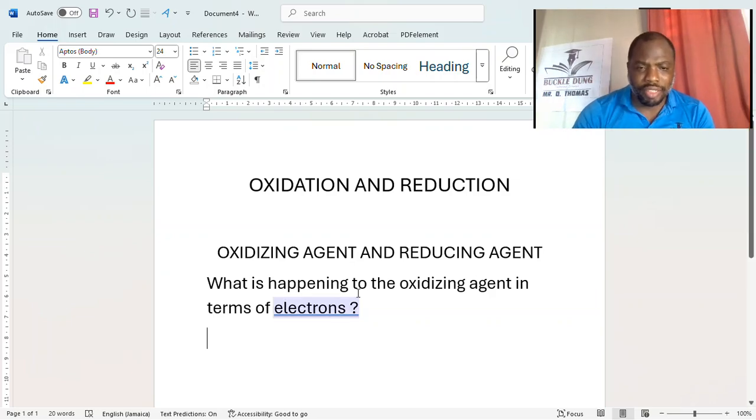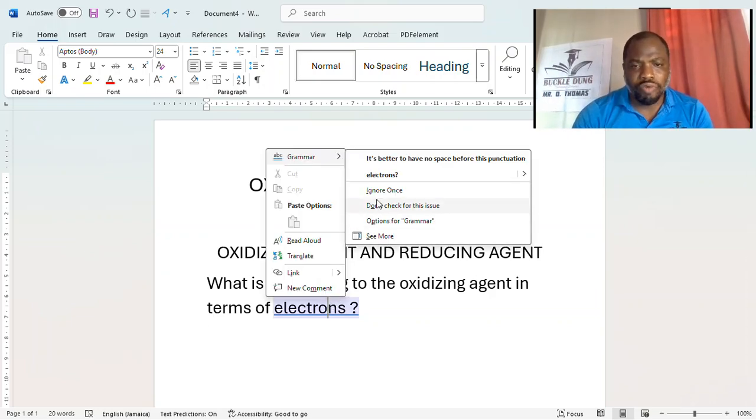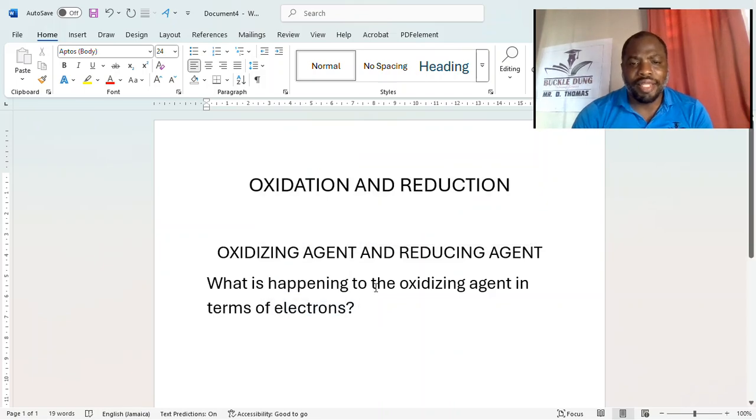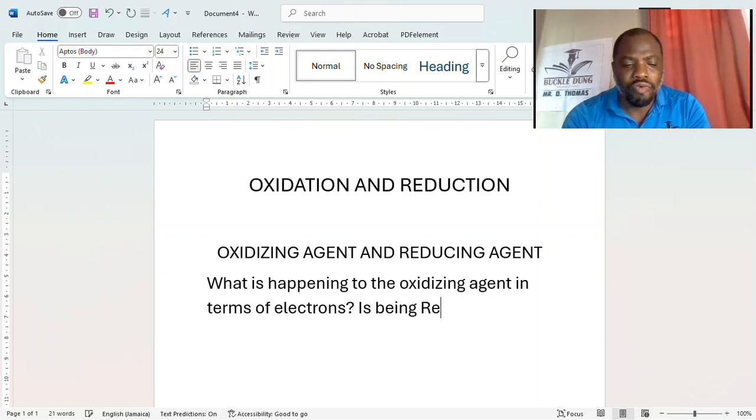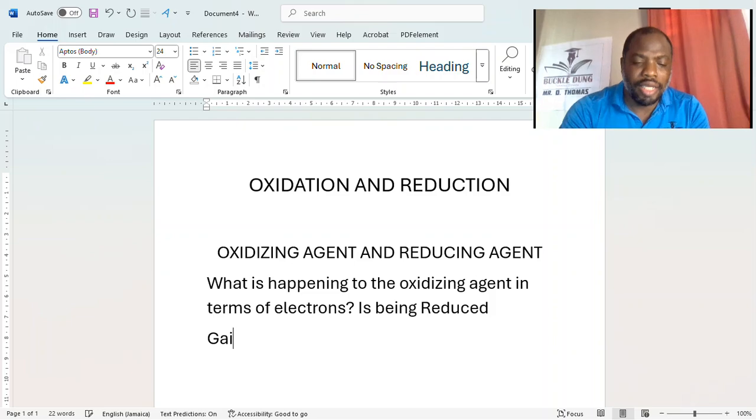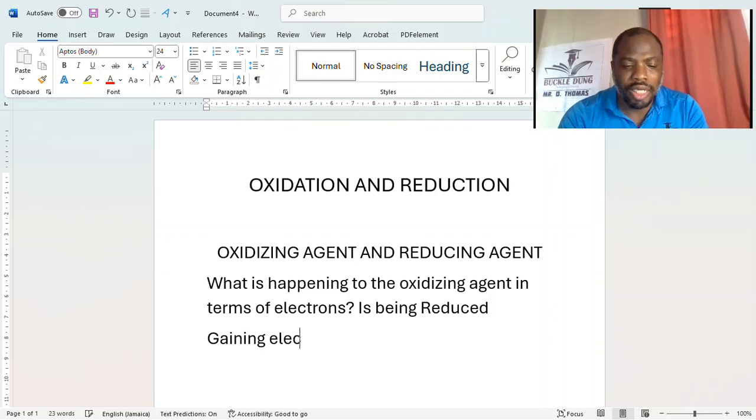And so as a student, you should remember that the oxidizing agent is being reduced. And if it is being reduced, then it simply means the oxidizing agent is gaining electrons. So you just have to have a little reasoning.